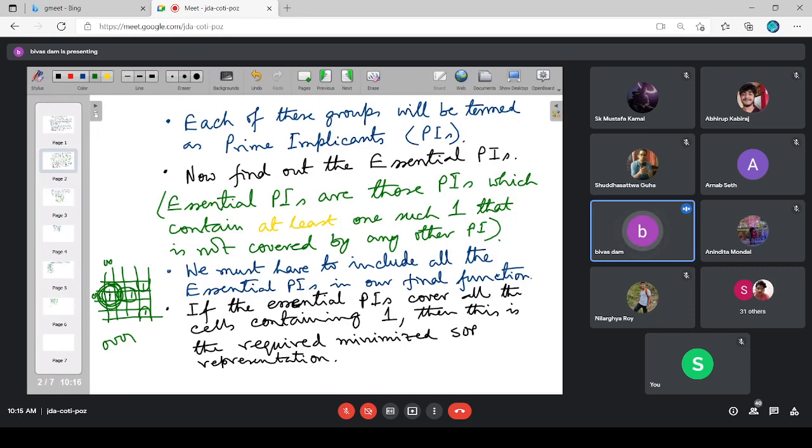If this cell is not included in the final function, that implies that for the 0, 0, 0, 1 input combination, the function will not provide a logic 1 output.